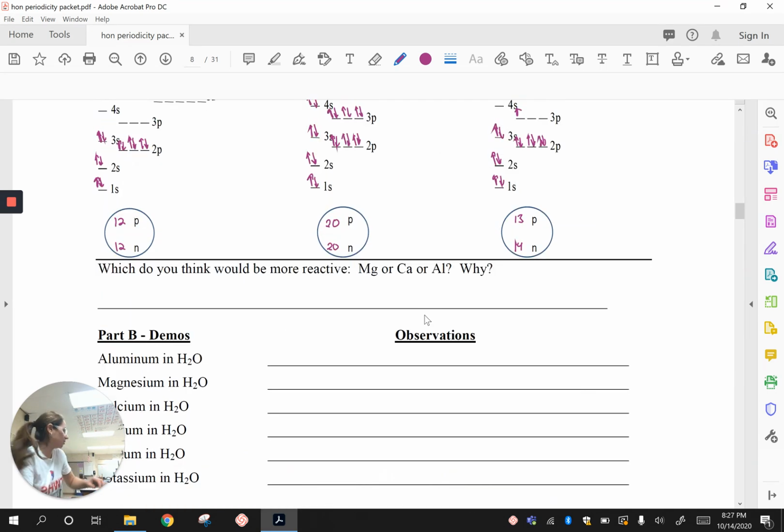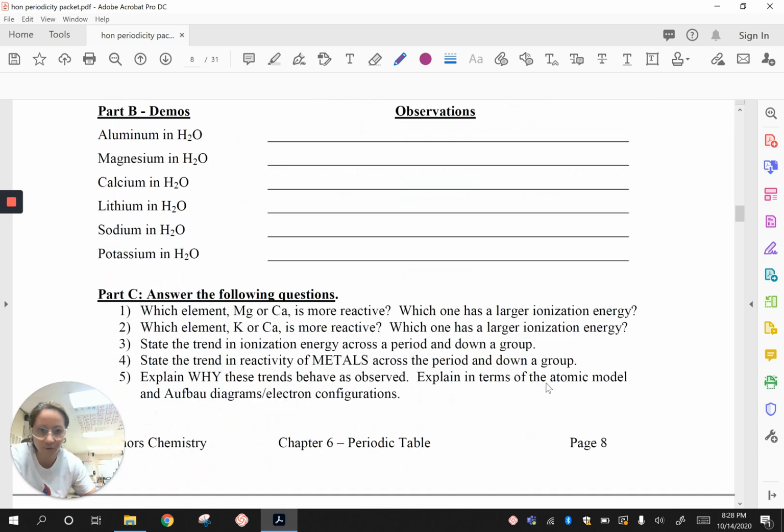So we saw, back to our test tubes, this was the calcium, the one that bubbled a lot. This was the magnesium. Tiny bit of reaction happening. So which one's more reactive? Looks like calcium is more reactive. Okay, so the answer here is calcium.